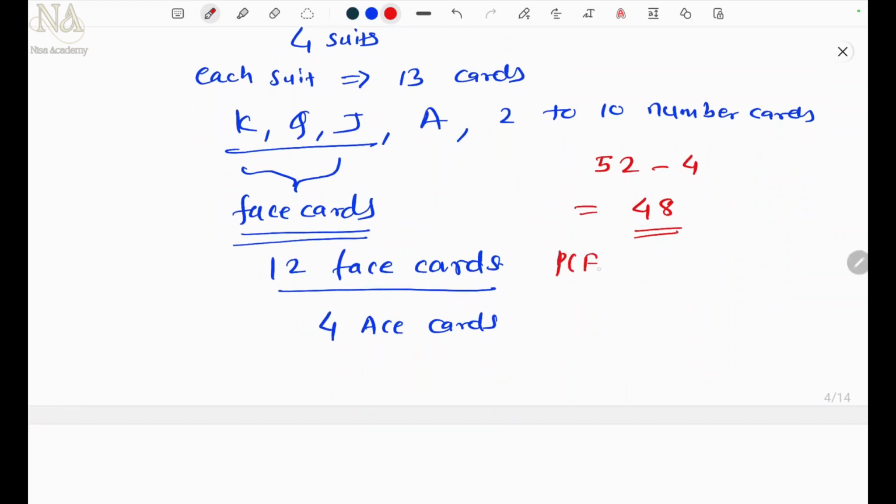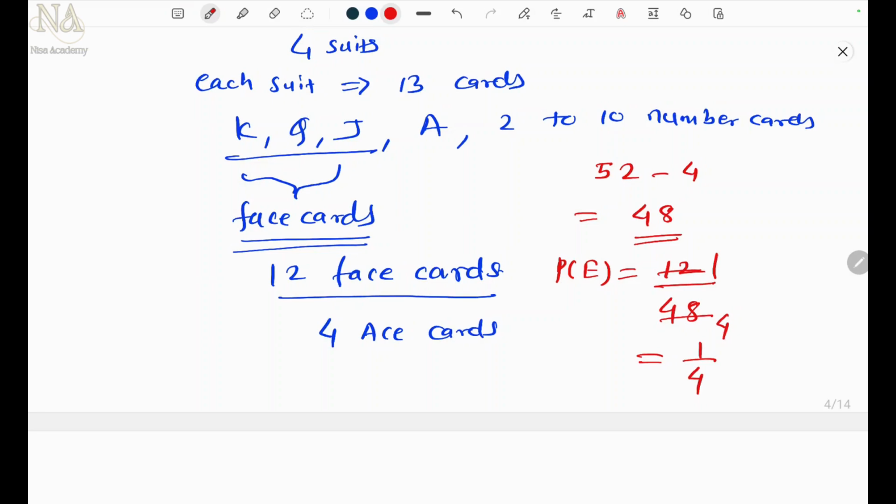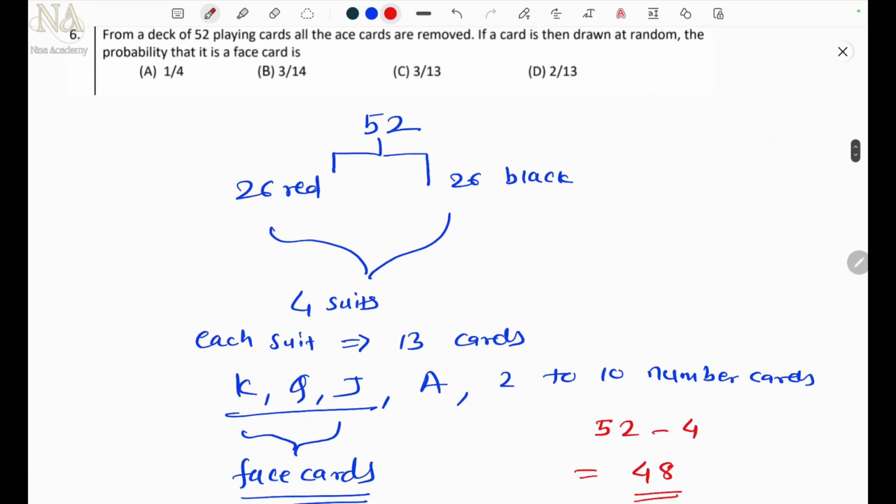The probability of any event is the number of favorable outcomes upon total possible outcomes. Favorable means the face cards, 12, and the total possible outcomes is 48. So 12 ones are 12, 12 fours are 48, which is 1 upon 4. So the answer is option A, 1 upon 4. Okay, understood?